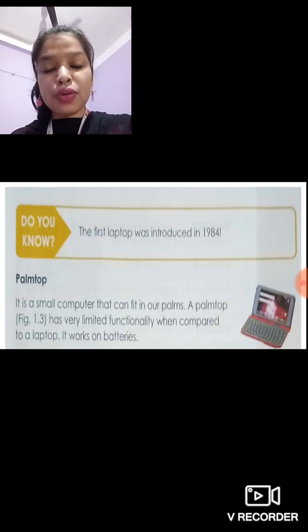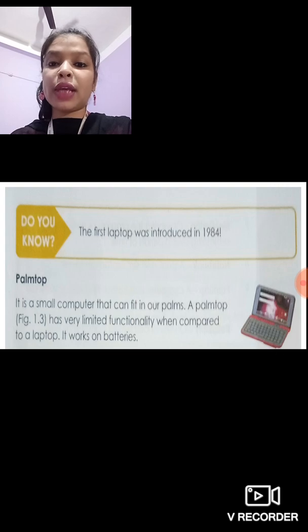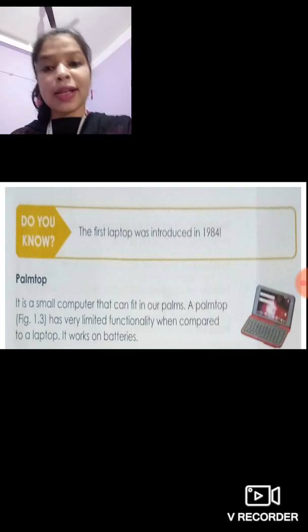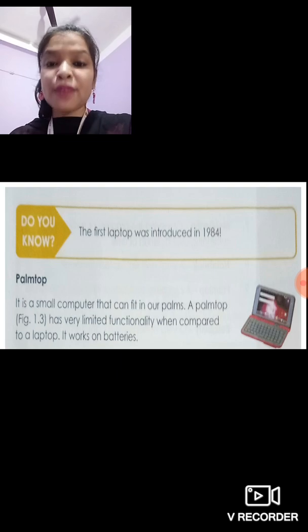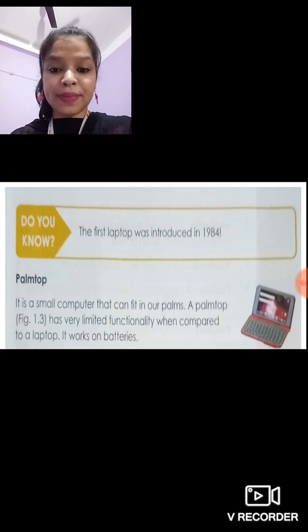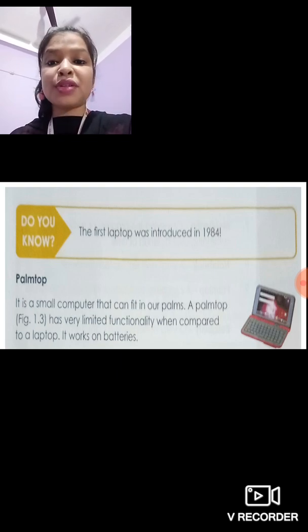We know the same amount of work can be done on a desktop as well as on a laptop, but we can do only limited kinds of work on a palm top. A palm top doesn't offer us various kinds of functions. It works on batteries, which means you have to charge it.